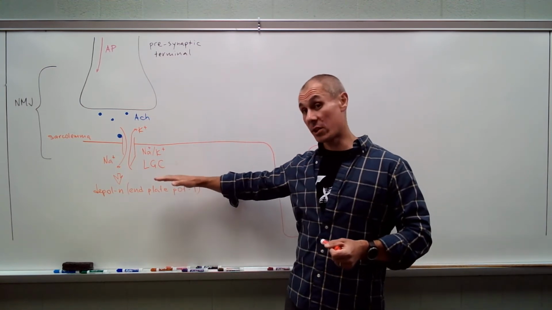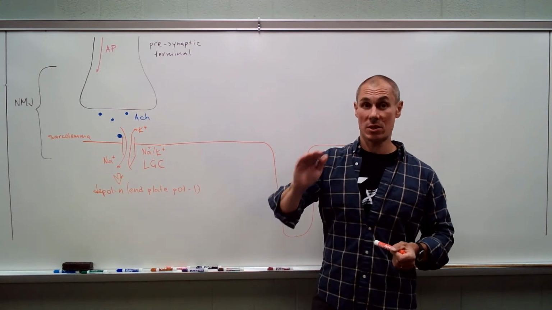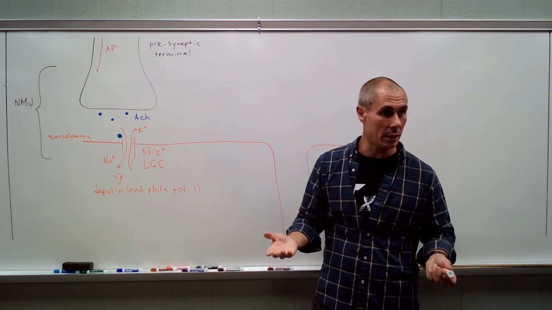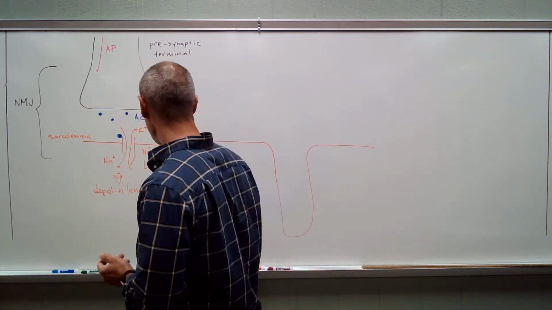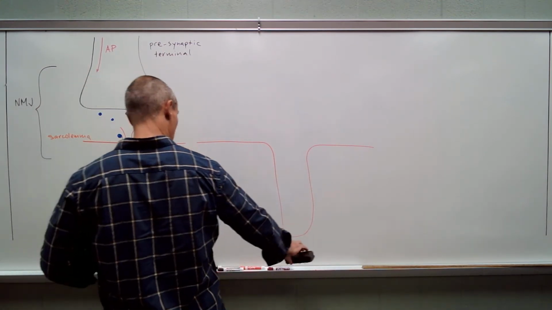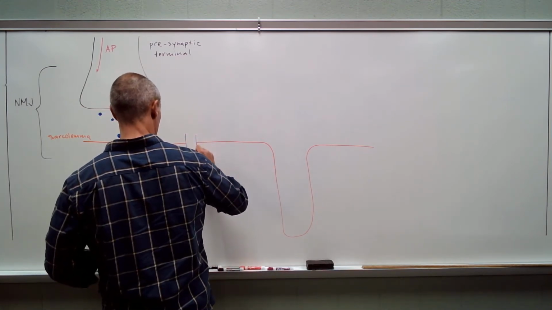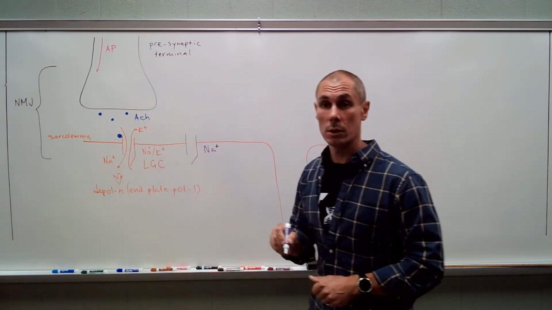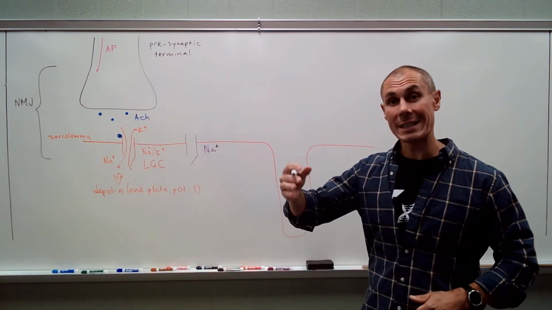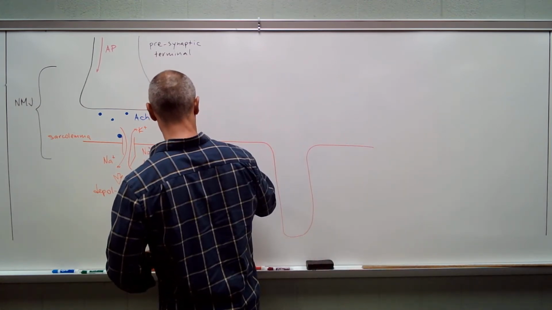Now, if this graded potential reaches a specific threshold, just like in the nerve transmission, here's what happens. When it reaches the threshold, it opens now the sodium channel, which is, since it's the potential that opens it, voltage-gated.